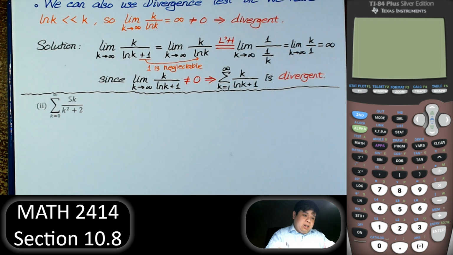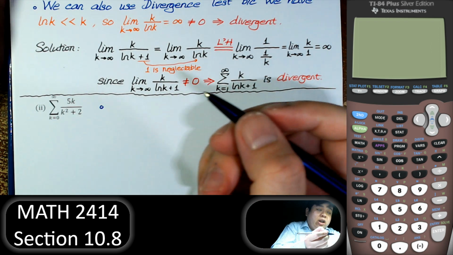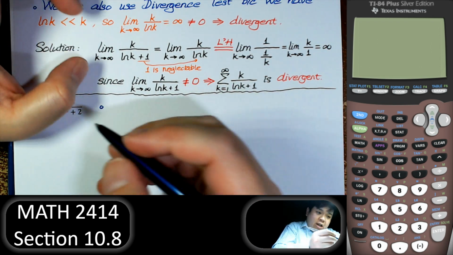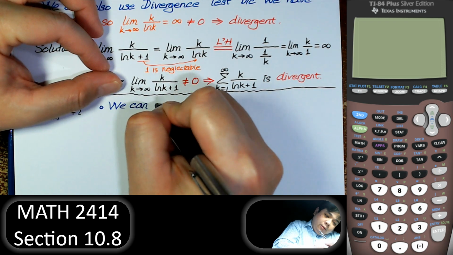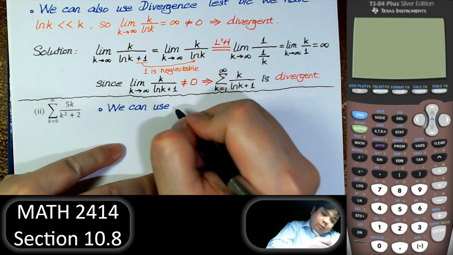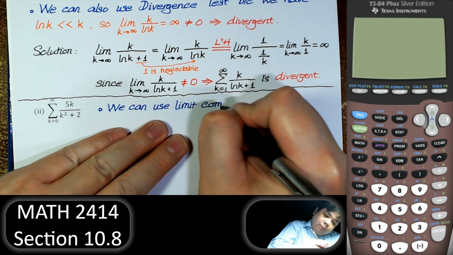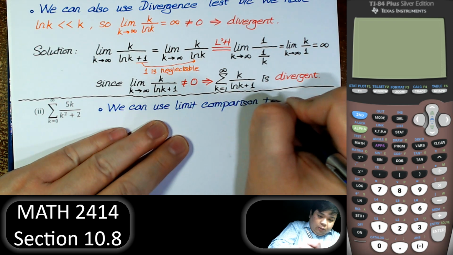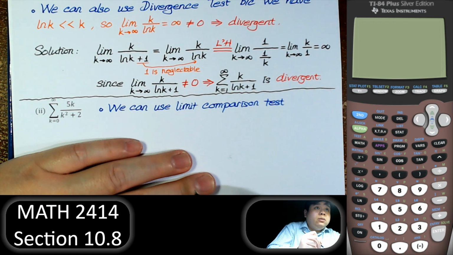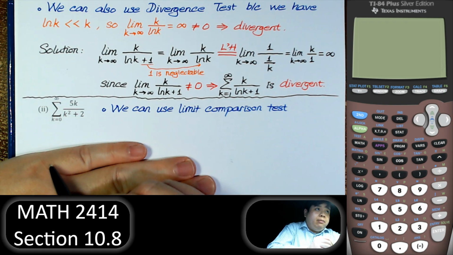So once again, we can use the limit comparison test, because we have more than one term, top or bottom.